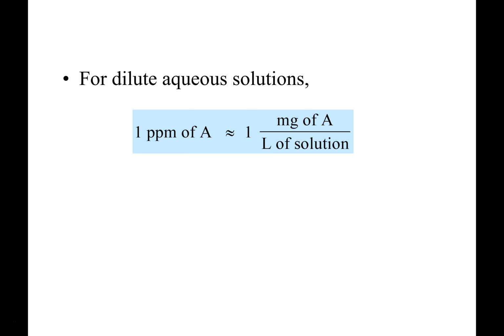Parts per million. Here's one for you. This only works for, here's my jug, and I have exactly 1 liter of H2O. And I'm going to just barely put a solute in it.